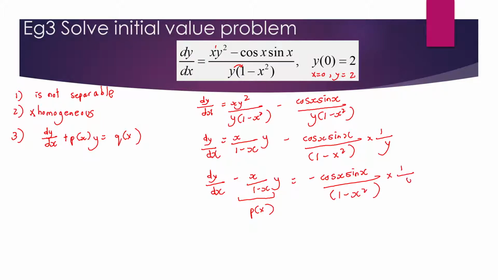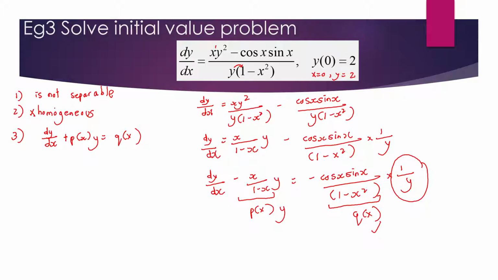However, you have this extra term here. For a linear differential equation, the right-hand side must be a function of x. This looks like q(x), it's okay. This one you have p(x) times y, but you have the extra term 1 over y. So the q(x) is actually q(x) divided by y.